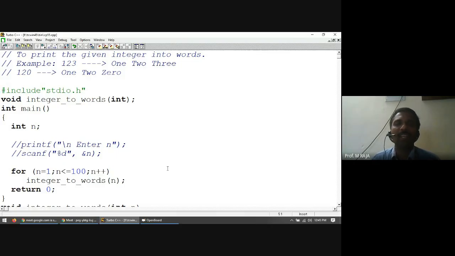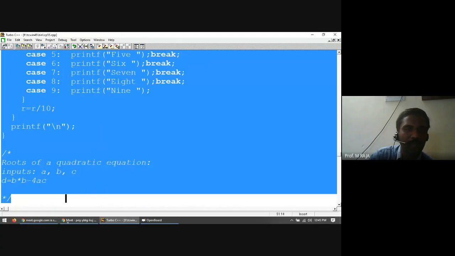From that array, you can easily print the equivalent digit in words. For example, I would like to modify the same, so that if your input is 100, you can expect the result as one zero zero in words. See how to modify the same code.